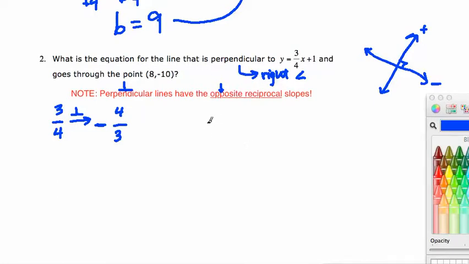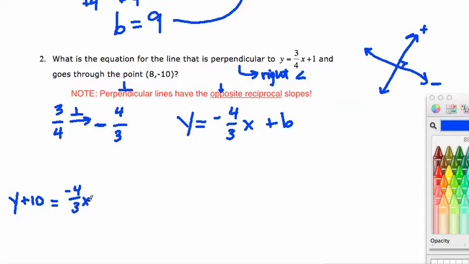Okay, so now we've got bare bones y equals -4/3 x plus b, and kind of as a side note, you could also use the point slope form if you wanted, so you do y minus -10 plus 10 equals -4/3 x minus 8.